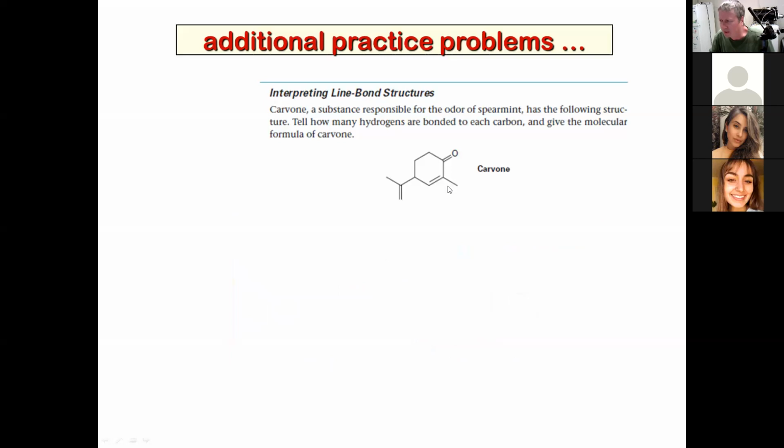Yeah, the 3-dimensional structure is going to look a little different than this, but mostly you've got a 6-member ring and you have the C double bond O. You have a bunch of H's. If you Google the three-dimensional structure of carvone, you can get a computer model that you can rotate on your computer. But yes, it basically looks like this: a 6-member ring, and you've got a couple things on it.